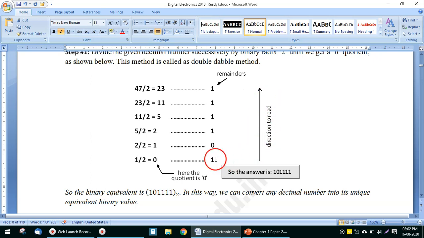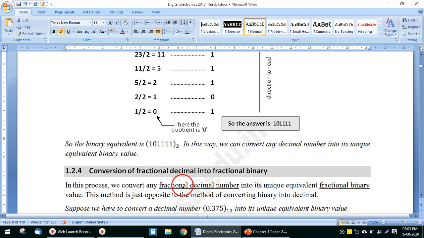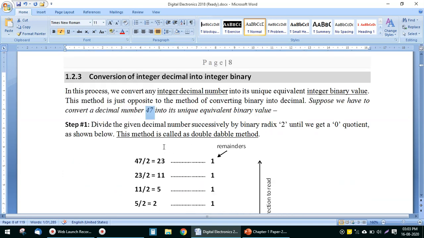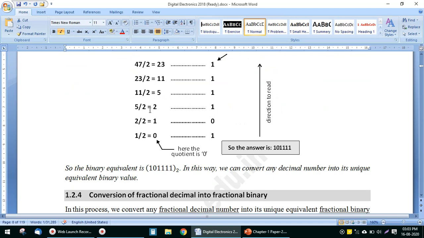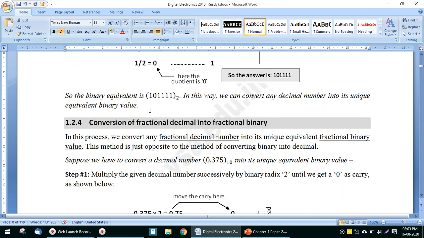So the actual binary value of the given decimal number 47 will be 101111, which is the equivalent of our given decimal number 47. In that way we converted the integer decimal into integer binary.